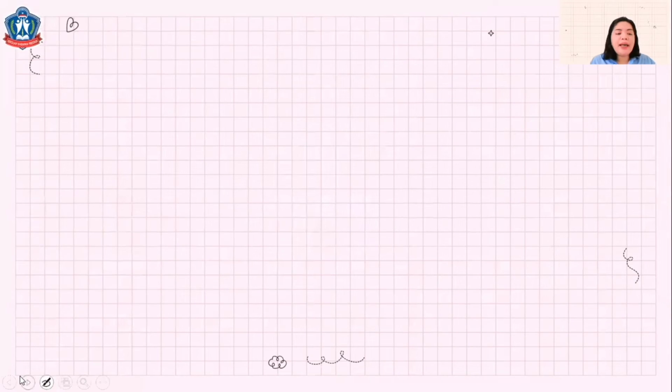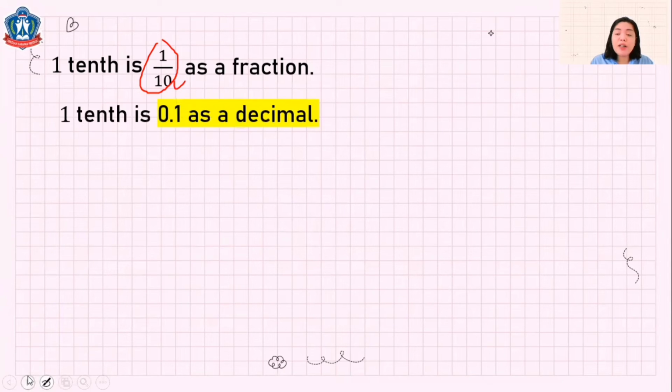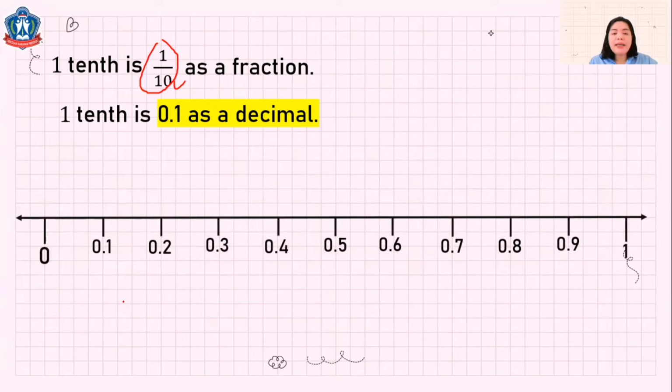Okay, now let's find the equivalence of fractions and decimals. Let's start with the tenths. So 1/10 is written as 1/10 as a fraction. Do you remember how to write 1/10 as a decimal? Yes, it's 0.1. Okay, so using our number line here, we have from 0 to 1, we divide 1 into 10 equal parts.